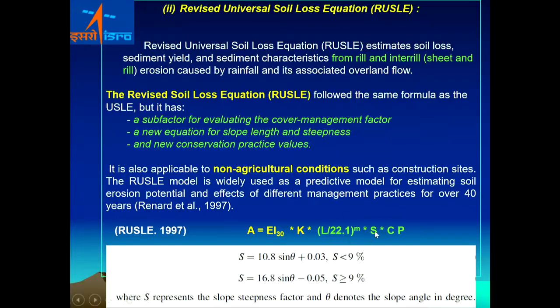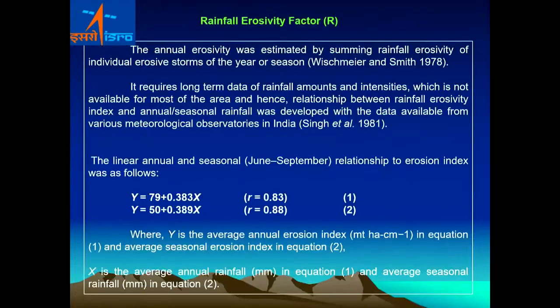And another change is that in RUSLE, they defined the field length as a flow length, as I told you earlier. They replaced it with the flow length, which we can calculate using a digital elevation model, so calculating every field length is not required.